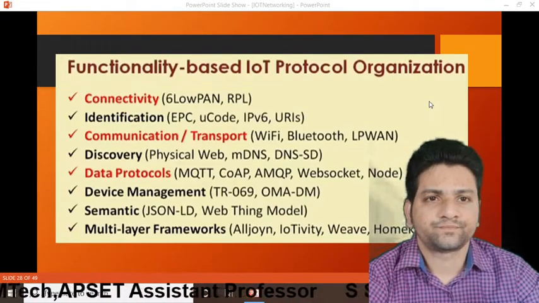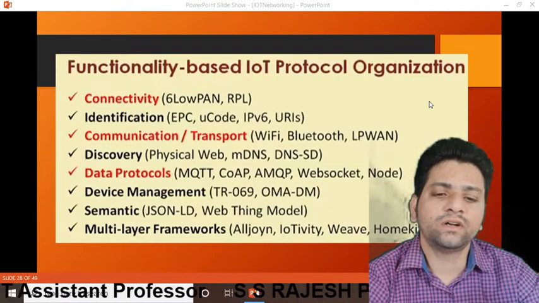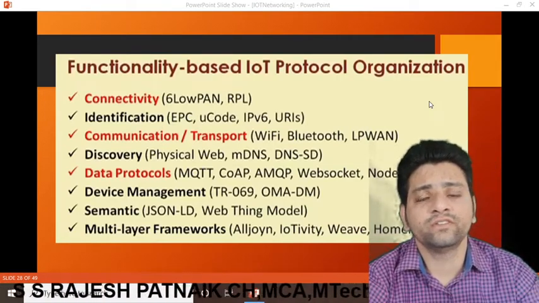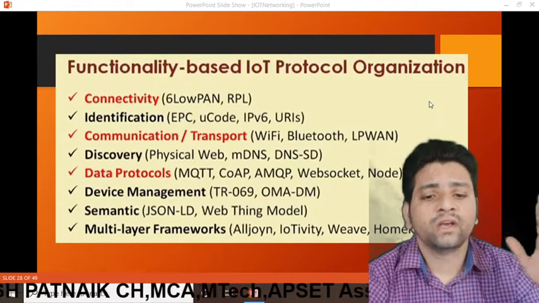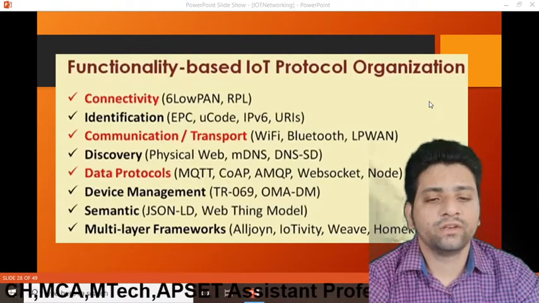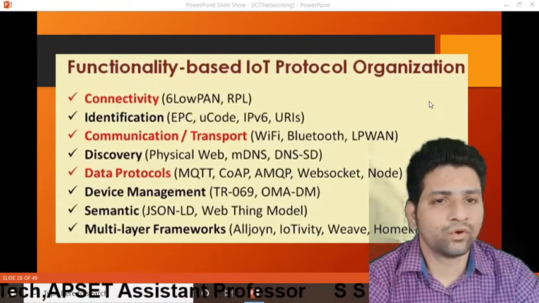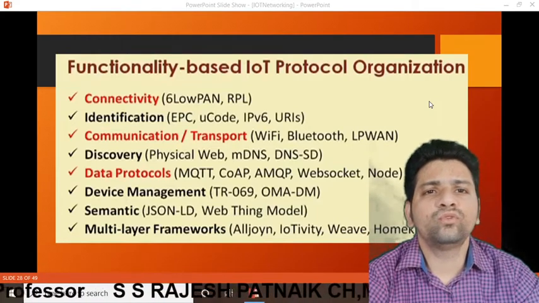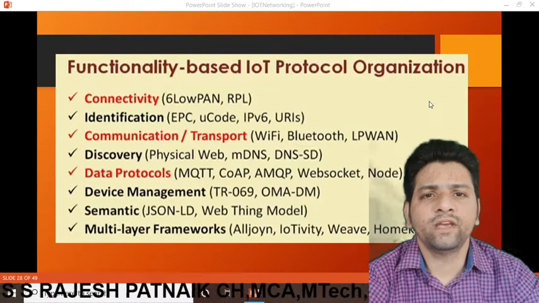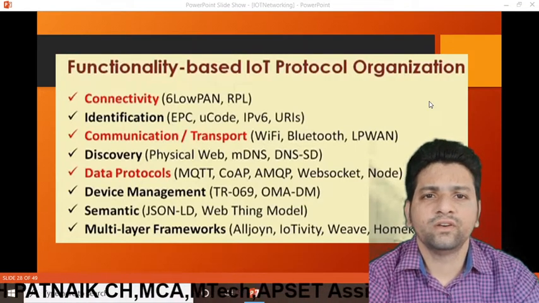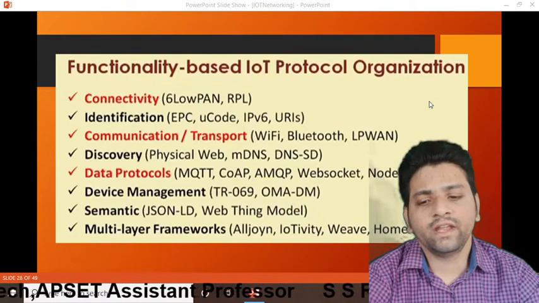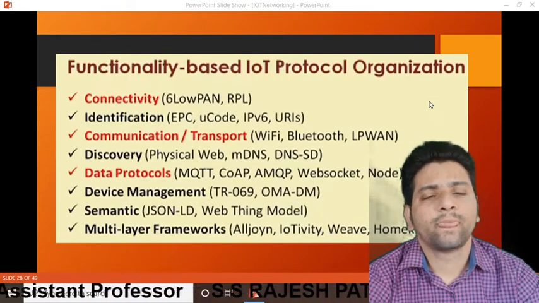It is using the original standard of IoT devices, that is 802.15.4, which is used mostly in wireless communication in IoT devices. And the next thing is RPL.